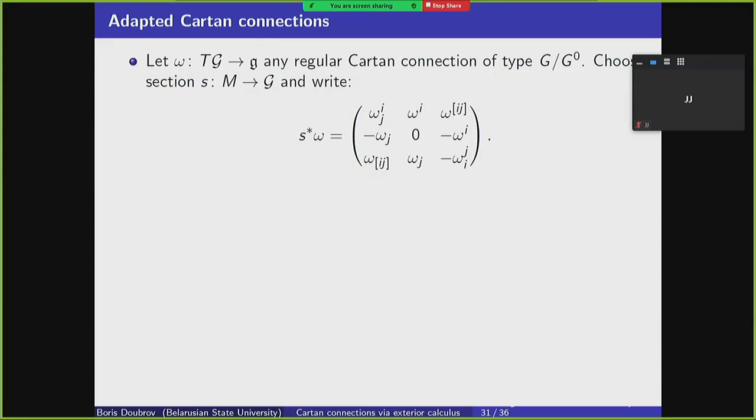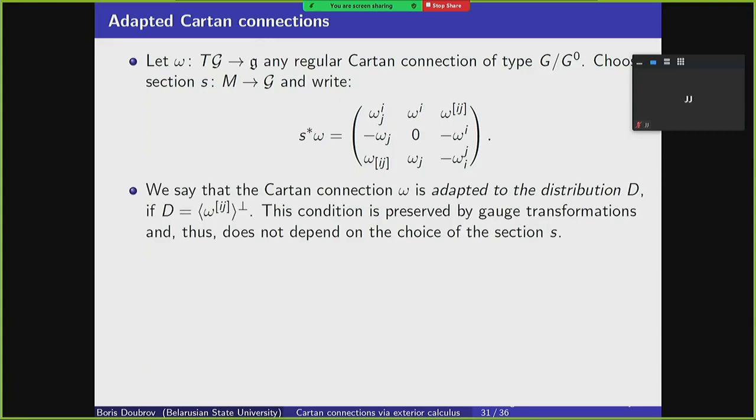Now let's choose a connection associated with our model, G by G naught. So again, we choose any section and we write our connection very explicitly in terms of the collection of one-forms on the base manifold. We need to understand what it means that it is aligned with our structure.